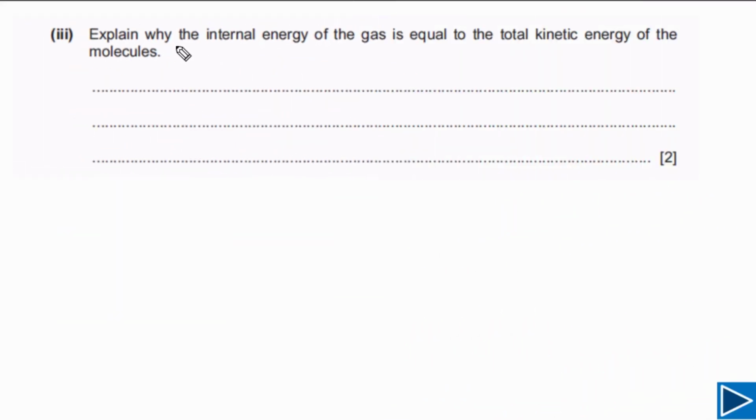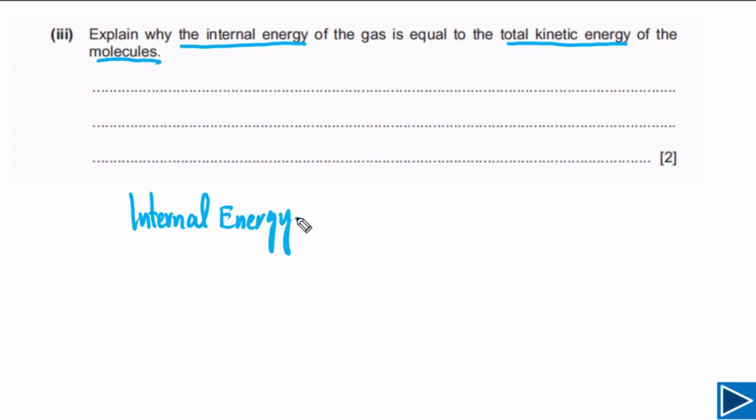For this question, we need to explain why the internal energy of the gas is equal to total kinetic energy of the molecules. Internal energy of any gas is equal to the sum of kinetic energies of molecules plus potential energies of molecules. But in case of ideal gases, there are no attractive forces between molecules.